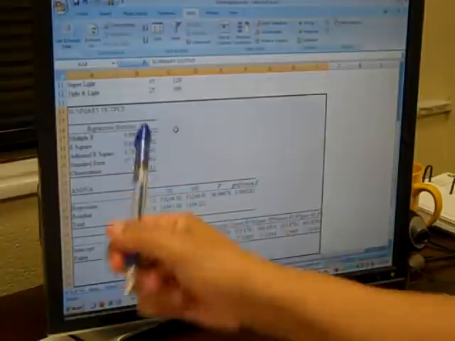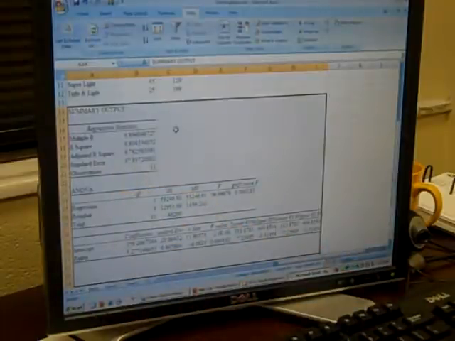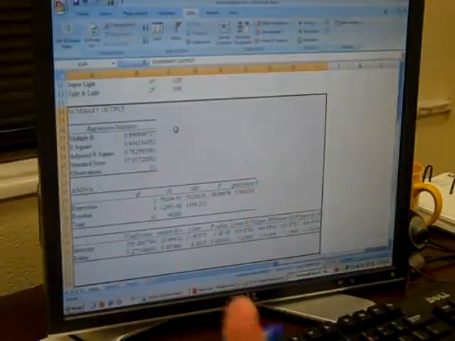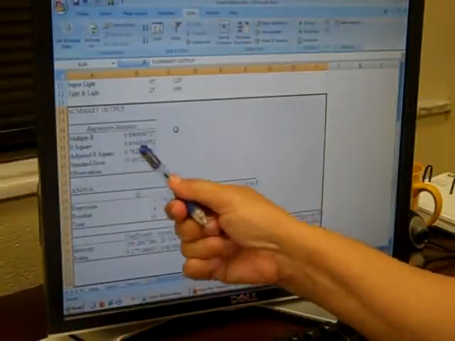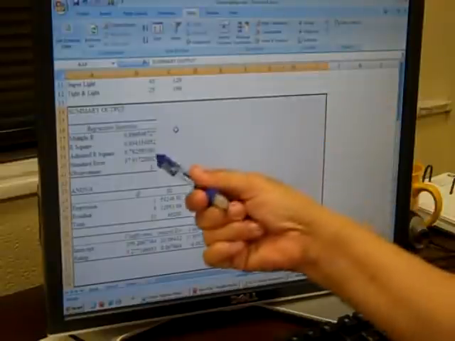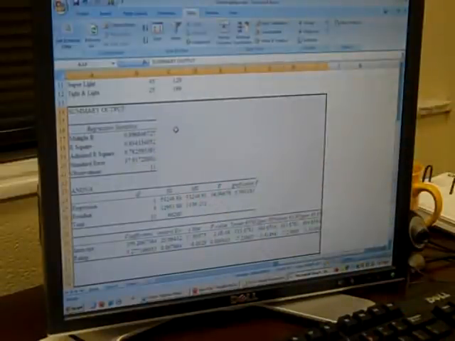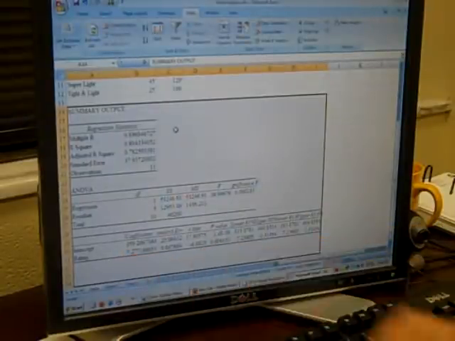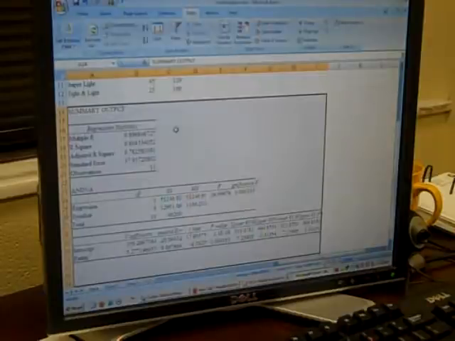This is R squared, 0.8043, and we know the correlation coefficient R is the square root of R squared, but with the sign of the slope.